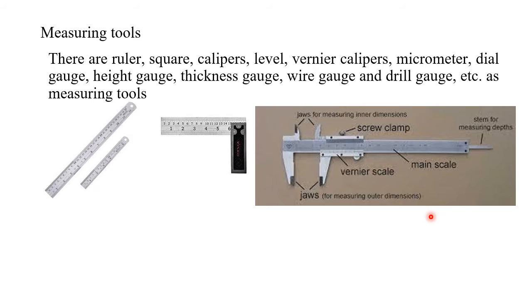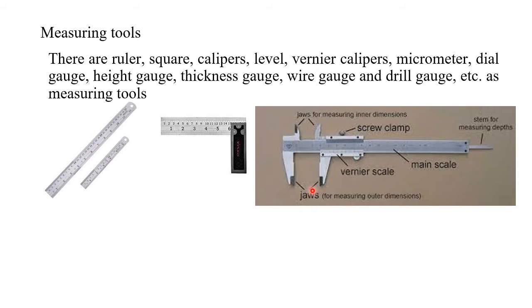Then we have what we call the vernier scale. The vernier scale is this part. And here we have the main scale. This main scale is graduated like a ruler.